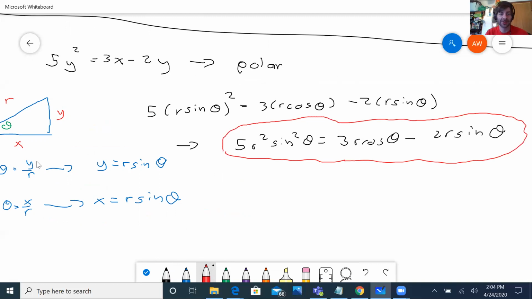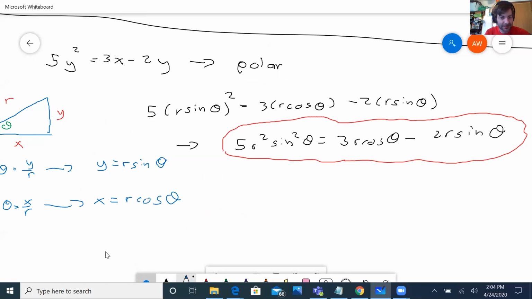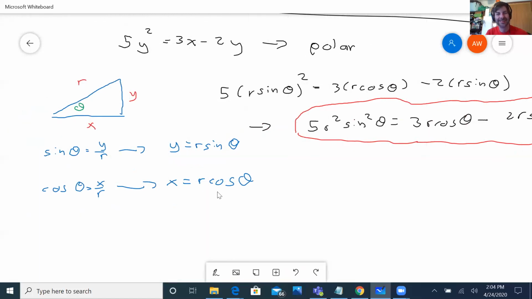So there we go, I've done it. I just substituted y to be r sine theta and x to be r cos theta. Sorry about that. But I did it all right after that, right? So cool. x becomes cosines, y becomes sines.